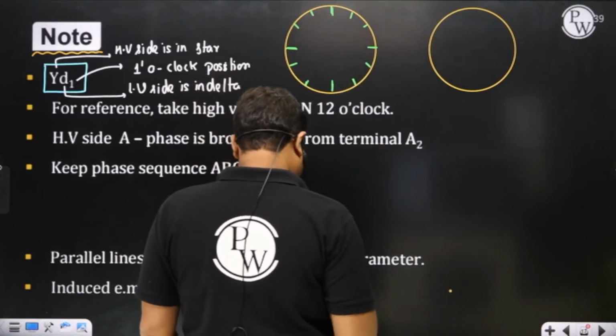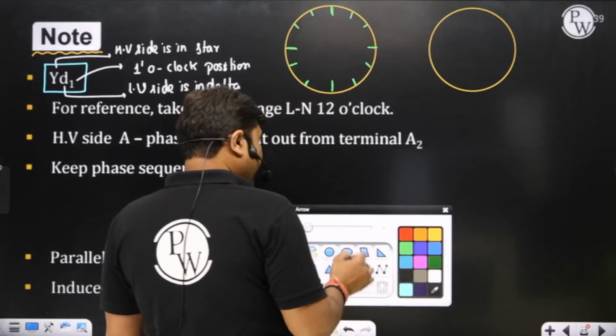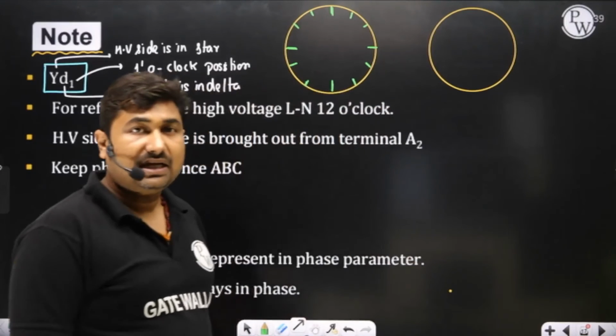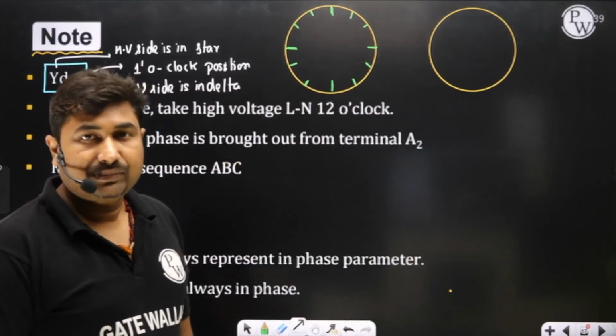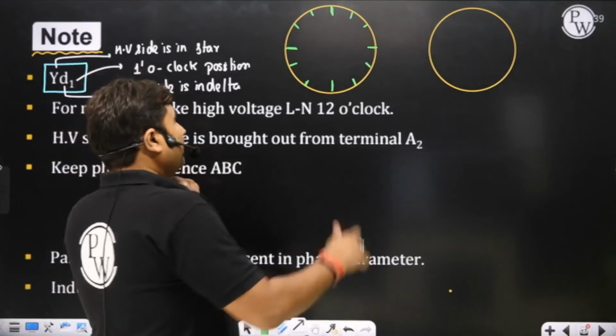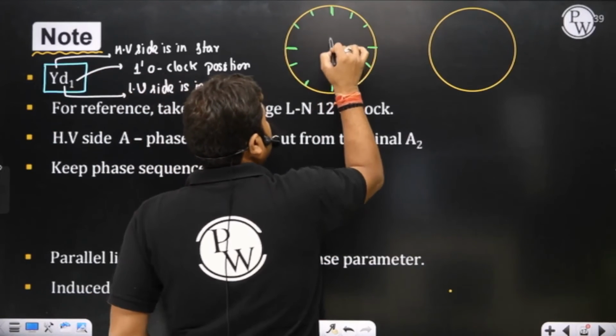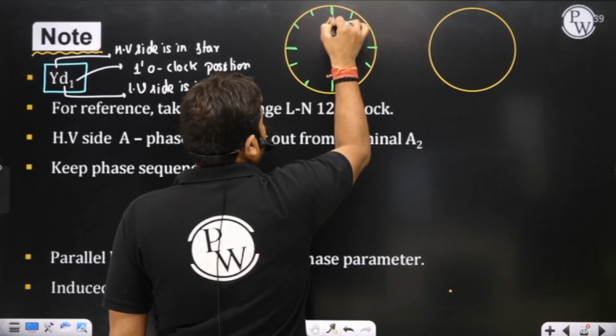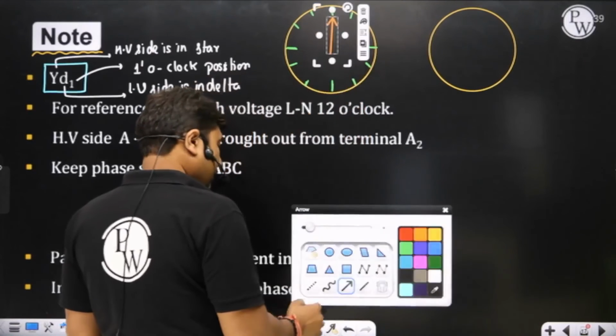A clock contains two different handles. One is called the minute handle, another one is called the hour hand. The minute hand is longer and the hour hand is shorter.